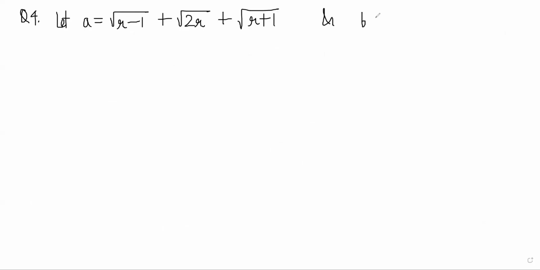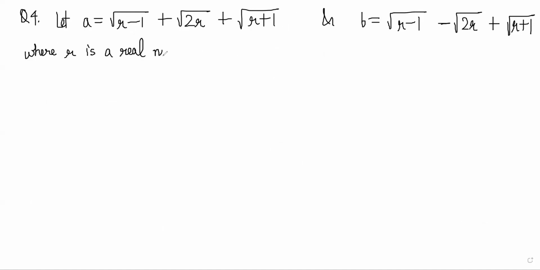Question number 4. Let A is equal to root of R minus 1 plus root of 2R plus root of R plus 1, and B is equal to root of R minus 1 minus root of 2R plus root of R plus 1, where R is a real number greater than 1.